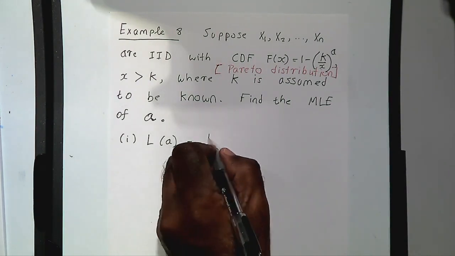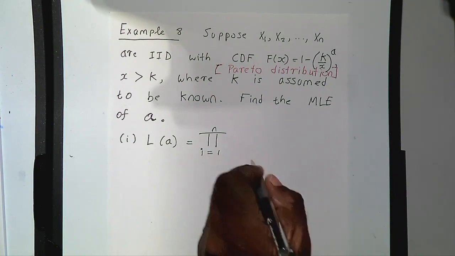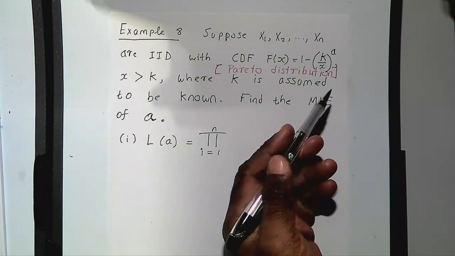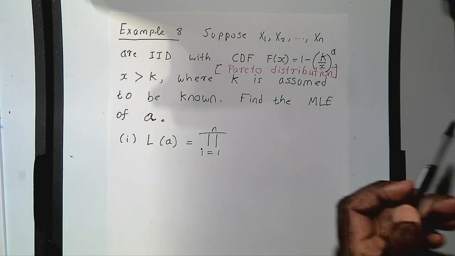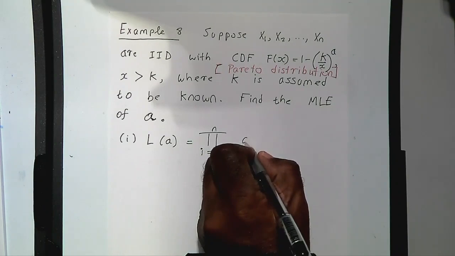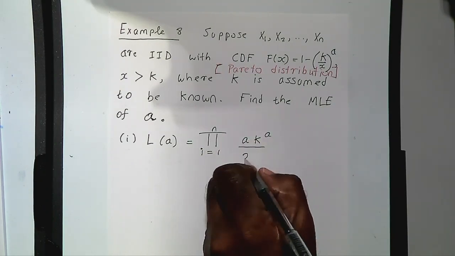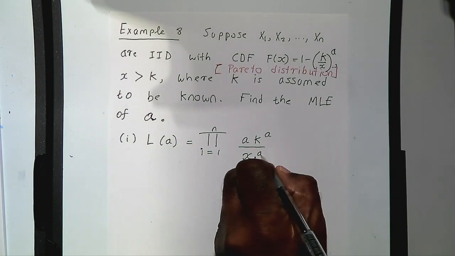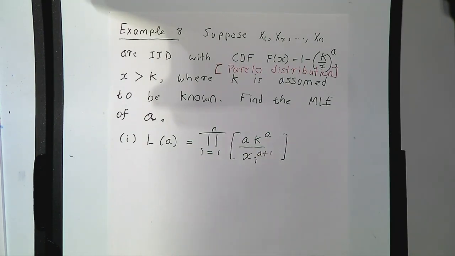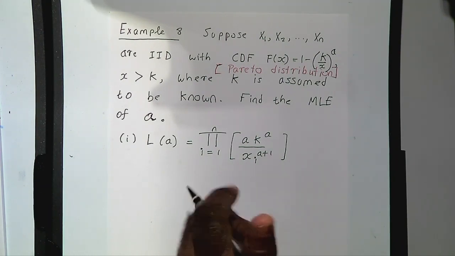So it's going to be the product of the density function. What's the density? Okay, what you're given is the CDF. So to find the density function, you need to differentiate this, right? Okay, so it's going to be A... so you see what I got here is the derivative of the CDF, right?